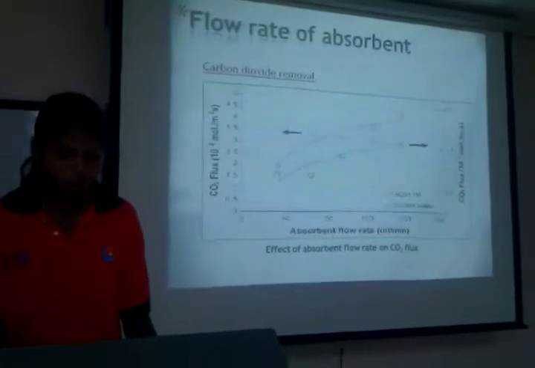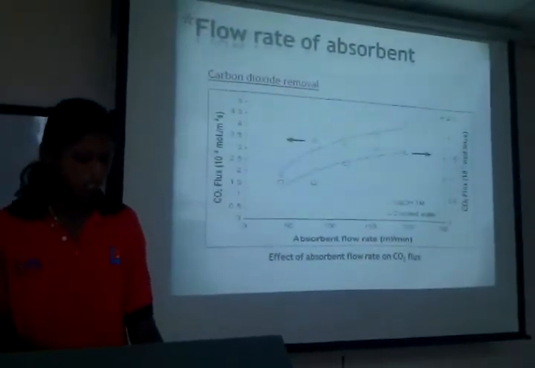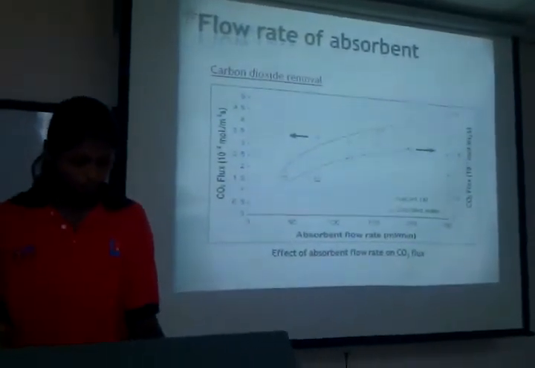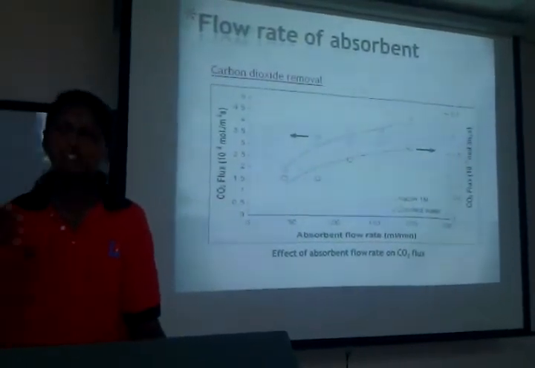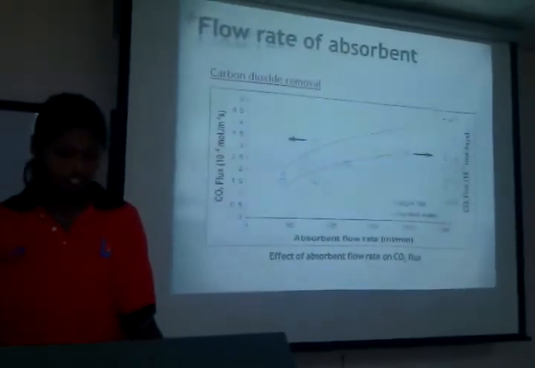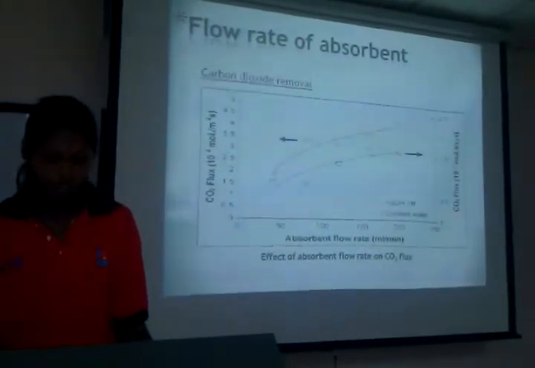In chemical absorption, OH ion depletion is reduced by increasing the flow rate of the absorbent, which favors the usage of NaOH. Chemical absorption shows significant absorbance due to the reaction between CO2 and NaOH.